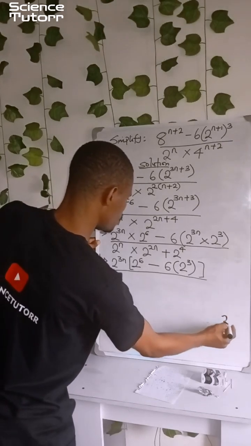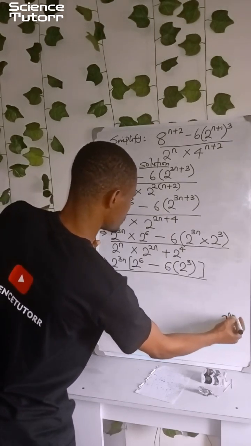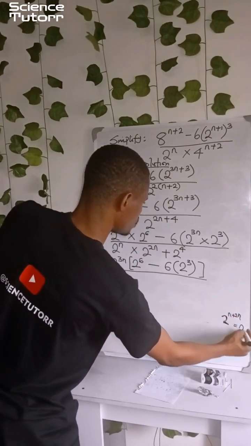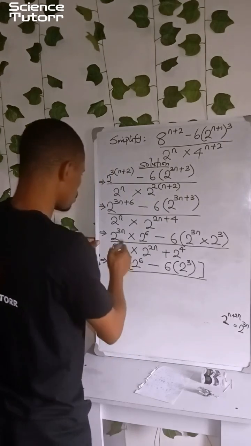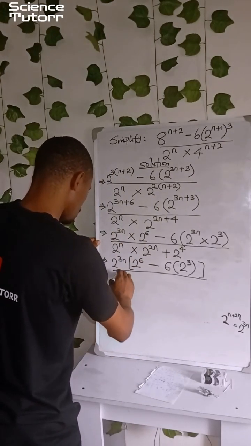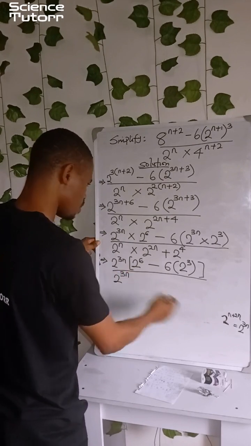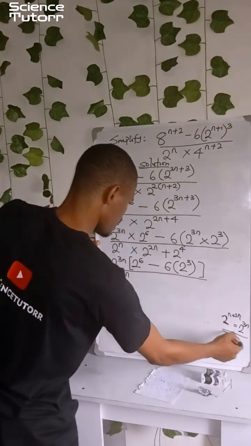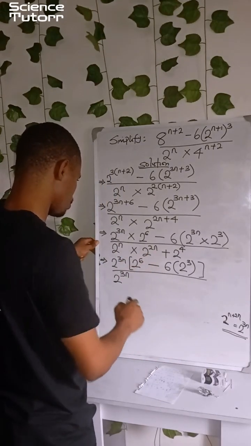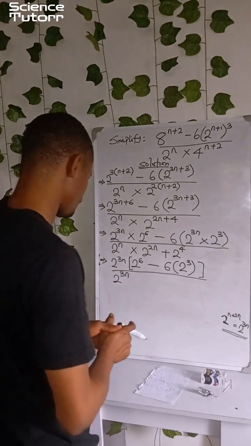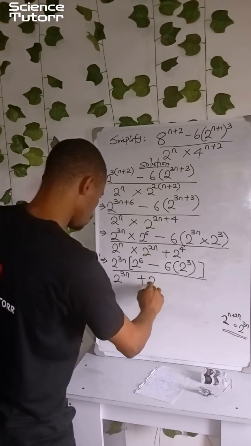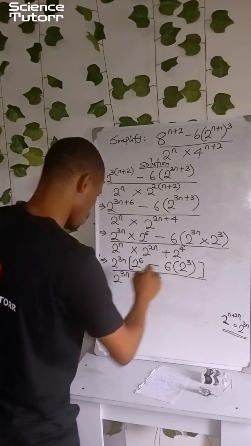So common base 2, and then the power, which is n plus 2n, which automatically means 2 raised to power 3n. So this and this gives me 2 raised to power 3n from the law of indices, as stated here. So this and this gives me 2 raised to power 3n times 2 raised to power 4.